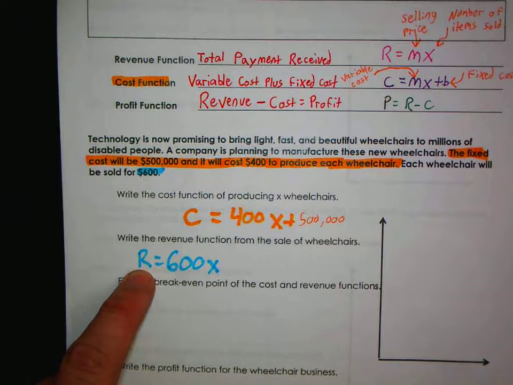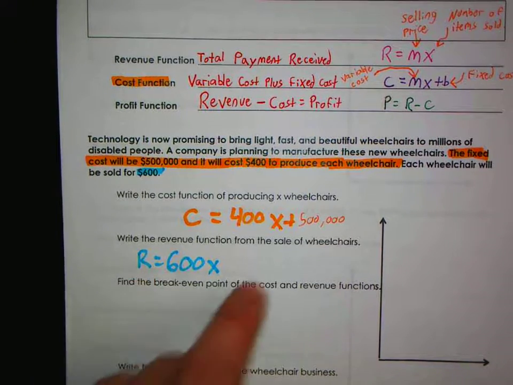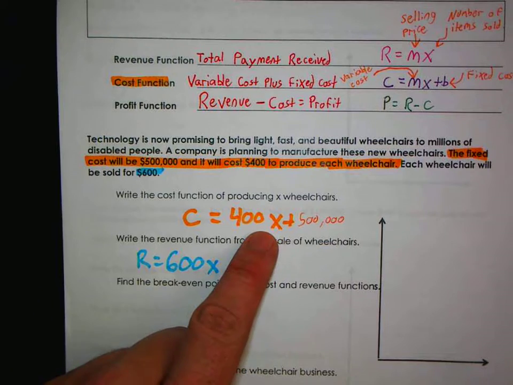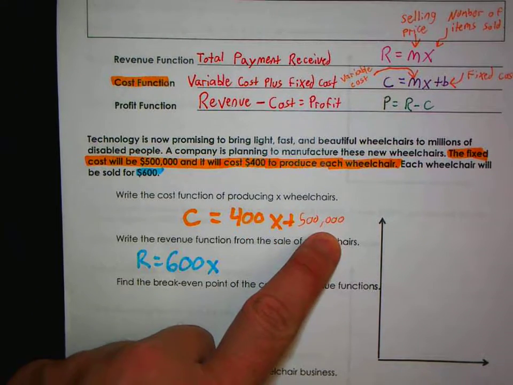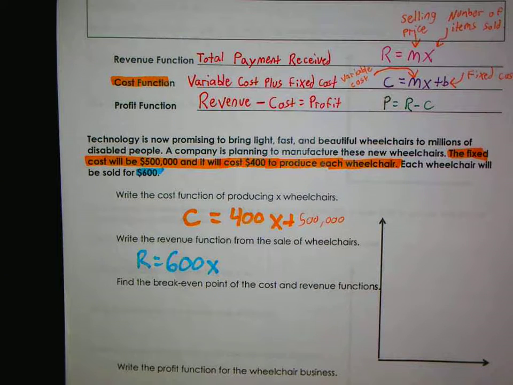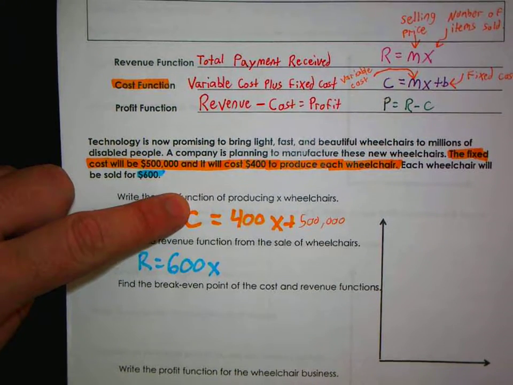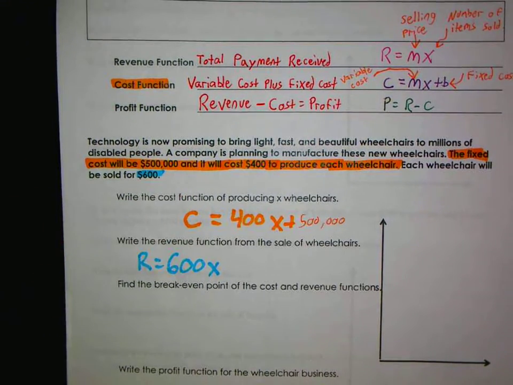But if I only sell one wheelchair, my cost would be $400 for the wheelchair plus the 500 grand that I already invested in my business. So when you start off in a business or any kind of company, it's a long time to eventually get rid of that fixed cost and to make your money back. So find the break-even point of the cost and revenue function.